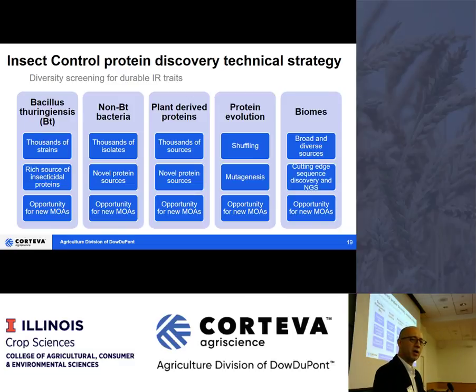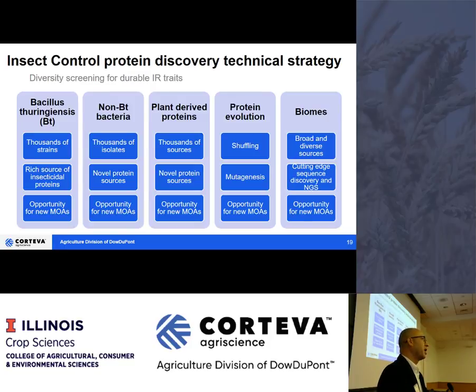And then we are looking into plant-derived proteins. We are exploring that space as well, making sure that we use plant sources in the crops. That's an idea that is very attractive and appealing. And then we also have the protein evolution technologies that I was referring to, like protein engineering, shuffling, and mutagenesis. And then we are looking into whole biomes as well.